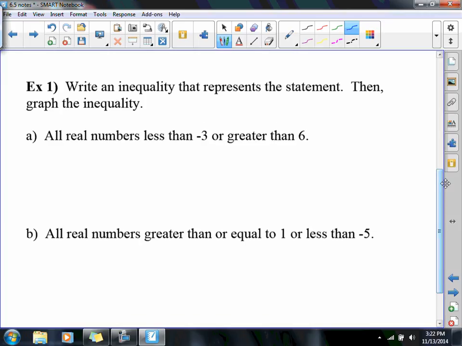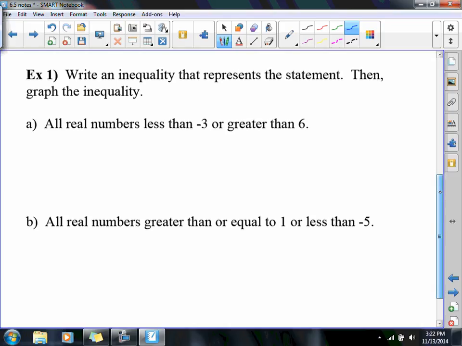Now in example 1, before we actually start solving any type of compound inequality with the word OR, we're going to go through a couple conceptual examples where they just want us to write the inequality statement and then graph it. So for part A, we need to write a statement for all real numbers less than -3 or greater than 6.